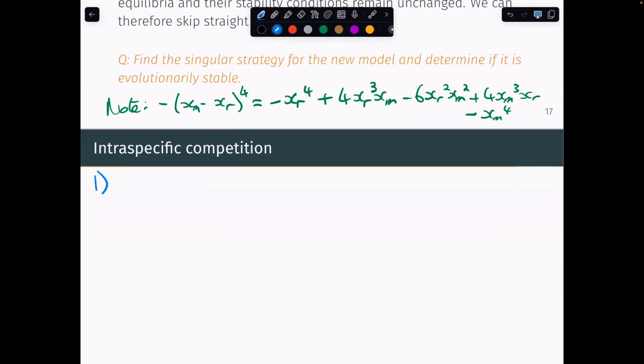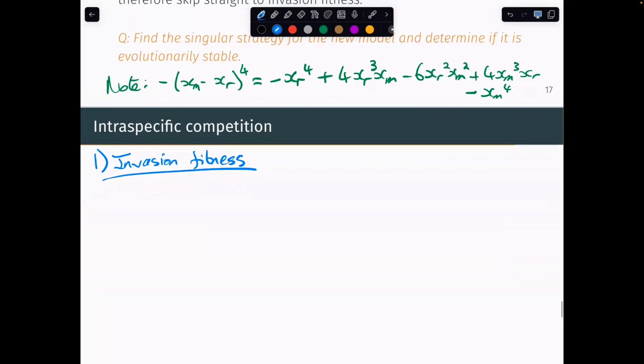So let's go through this recipe. First of all, invasion fitness. We can jump straight to this stage because above we said that none of the linear stability analysis for the ecological dynamics has changed. We already had this written in terms of our competition function A. Before that was written as R times 1 minus A of XM, XR, K of R, and K of M. This is still the same.